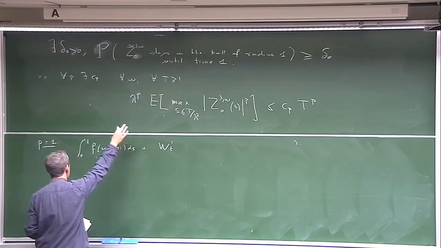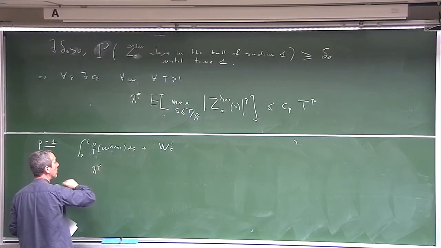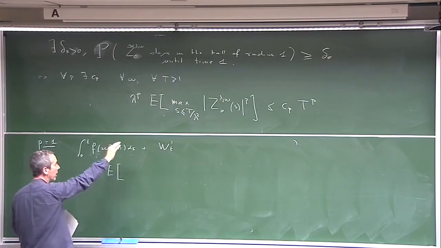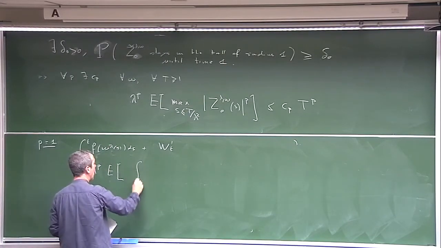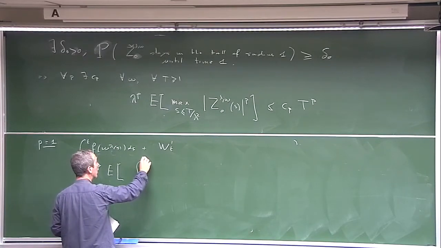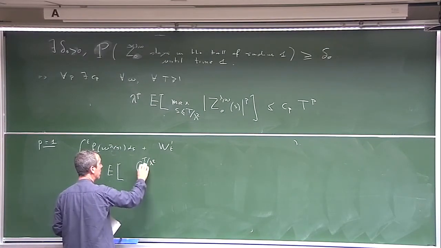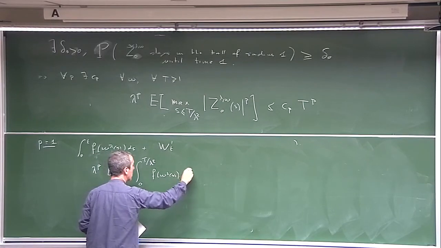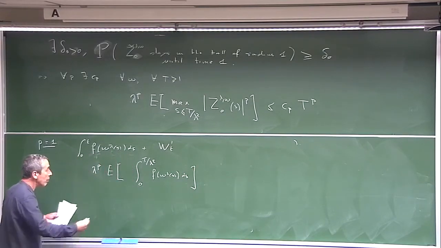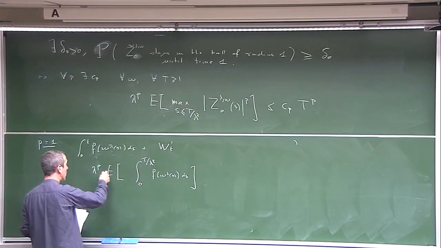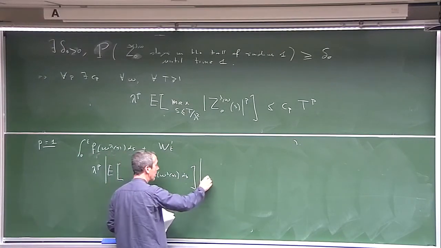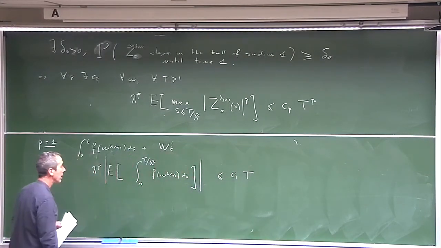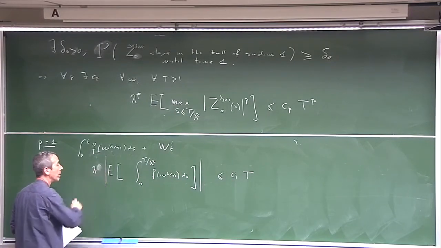So it follows from this line that you have a similar thing if you look, maybe I don't take the max anymore, if you only look at the additive functional. So I take the integral from 0 to t over lambda square of f of omega lambda s. I can put absolute values wherever I want, but if I want to go to the statement of the theorem, I put them outside, and then this is less than C1 t, for t equals 1.